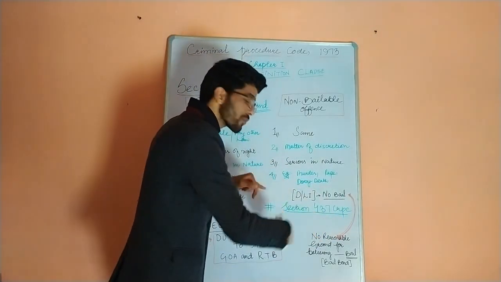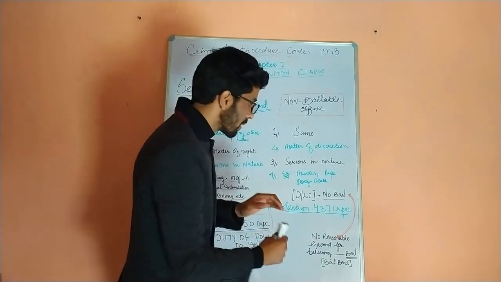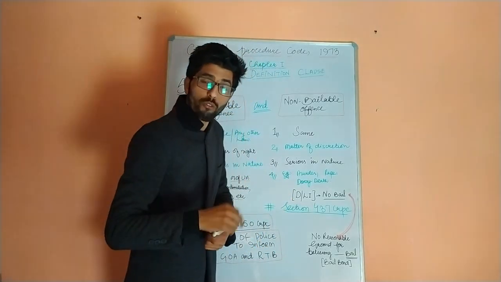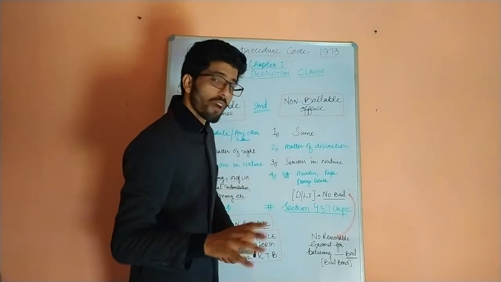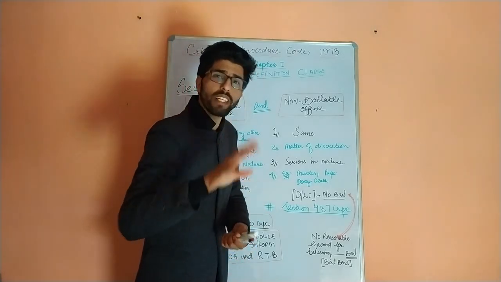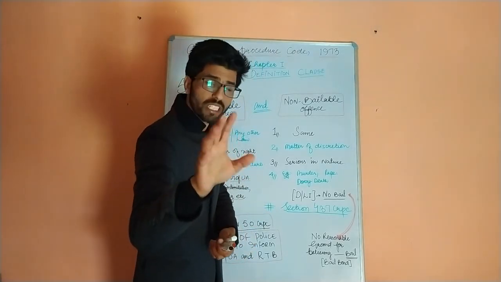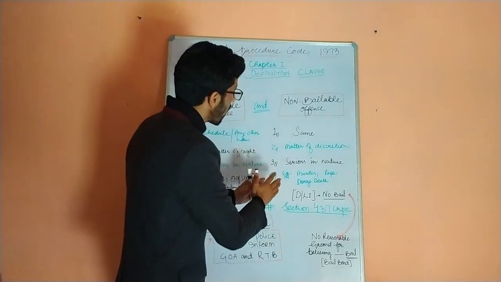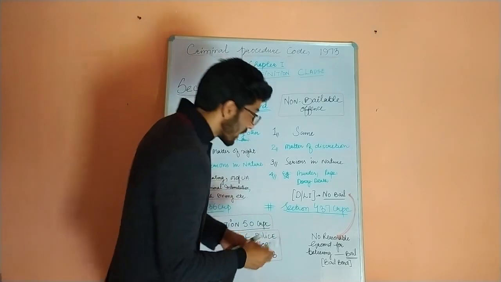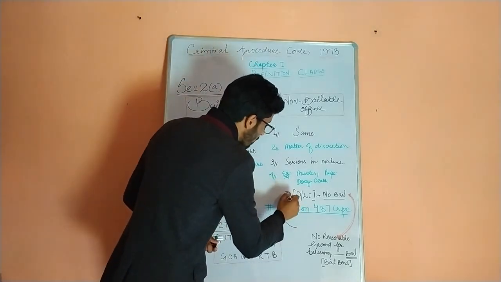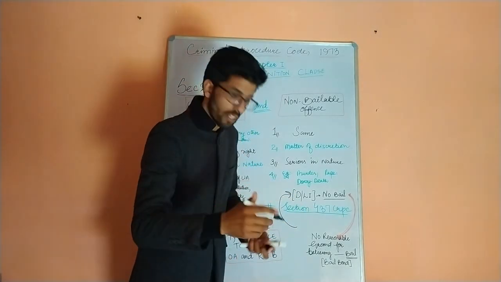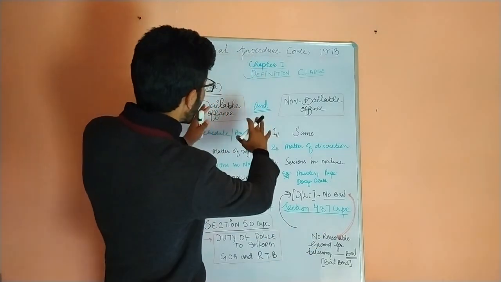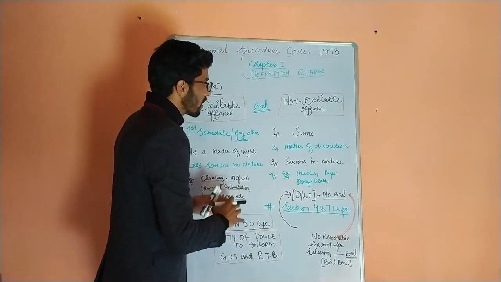But there is one more proviso clause attached to the same, which says that if a woman is involved, or a person under the age of 16 years, or any person who is sick or infirm, they are to be granted bail despite the offense being one for which the punishment is death or life imprisonment. This is the main point you have to keep in mind. Fine. So I have given you the examples.